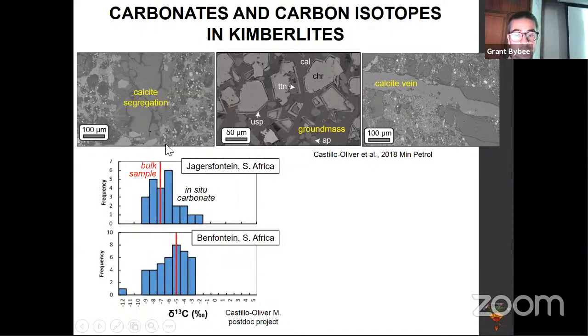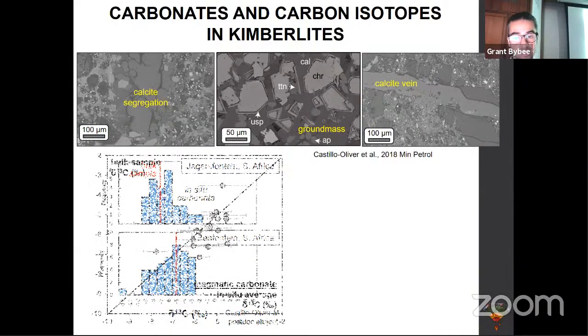However, she also found that the bulk carbon isotopic composition of kimberlite carbonates usually sticks more or less to the main mode of the distribution. I did something else to make sure that if we measure bulk kimberlites, we actually obtain a representative carbon isotopic composition of the magma.